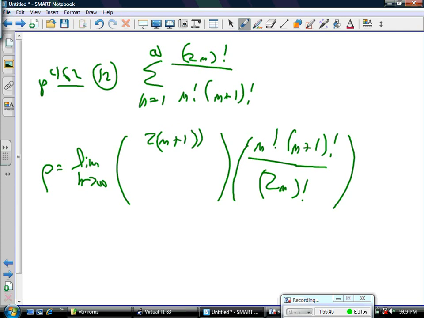Okay, and this is the u sub n plus 1. By the way, n plus 1 plus 1 is n plus 2. Okay, and let's do something here. What's 2 times n plus 1? 2n plus 2. So I'm just going to write 2n plus 2 all factorial.